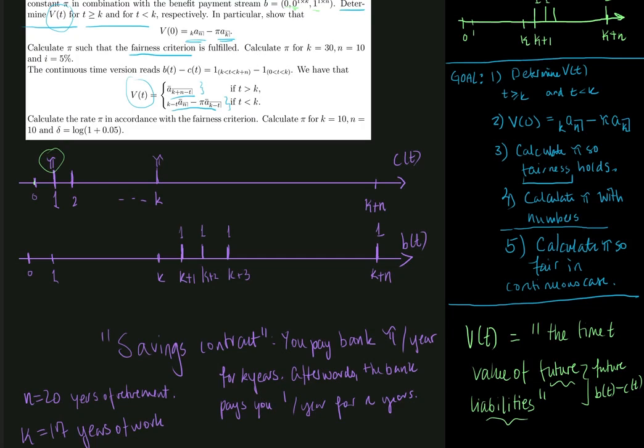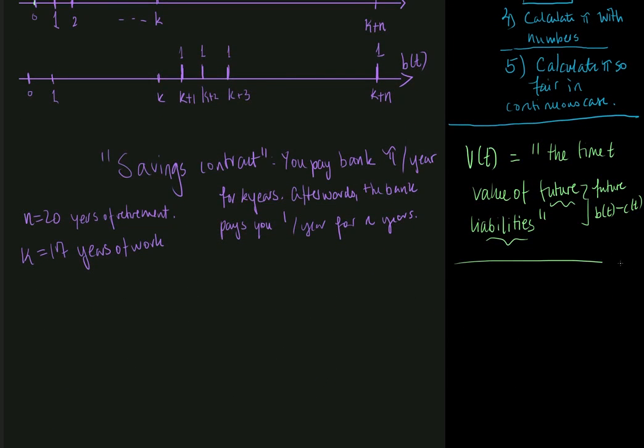And let us recall what fairness means. So in the book, we have fairness if U of t is equal to V of t for all t.